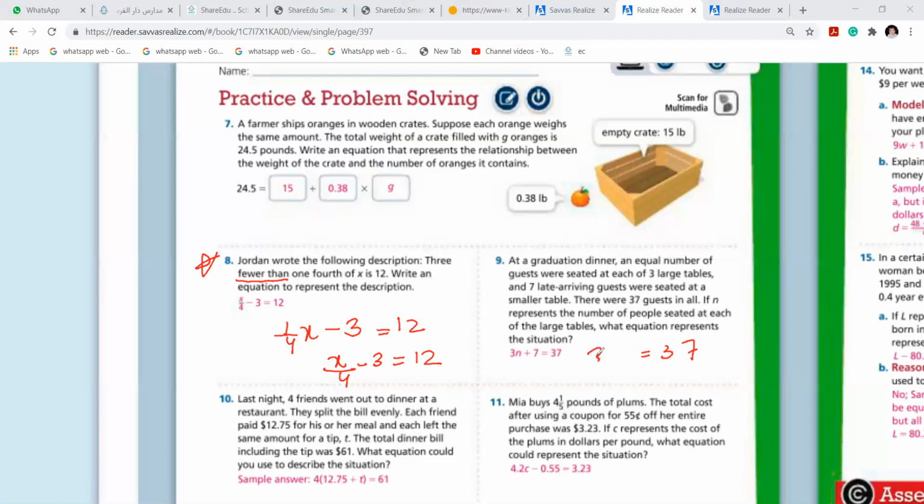So I'll take 3n plus 7 guests who were late. 3n because 3 times the large tables. N is the number of people in a large table. So 3n, and then later 7 people came. So I wrote plus 7, that equals 37.